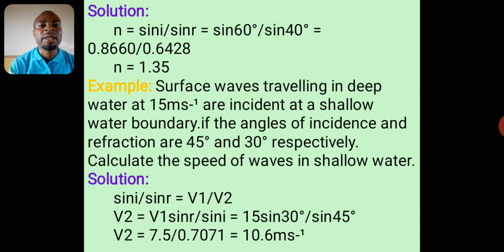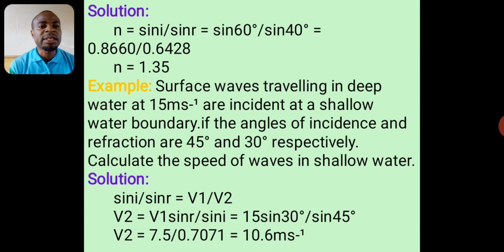The formula for refractive index is sine i over sine r, and substituting we have sine 60 over sine 40, and that will give us 0.8660 over 0.6428, and we have our refractive index to be 1.35.